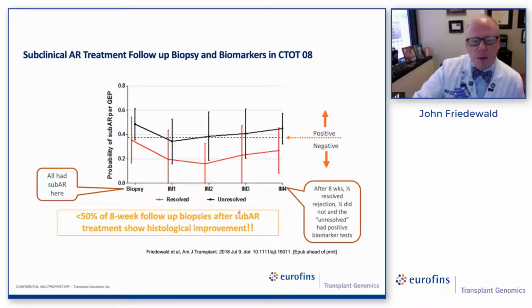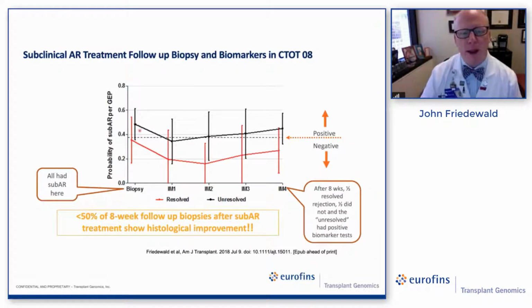What we also found interesting is the biomarker, where the positive negative line is here. Comparing the groups that resolved their rejection, shown in red, versus the group that had unresolved histologic rejection, in black, a couple of interesting things emerged. Number one, at the baseline biopsy, about half the patients who resolved their rejection had a negative biomarker to begin with. Again, the biomarkers were done retrospectively.